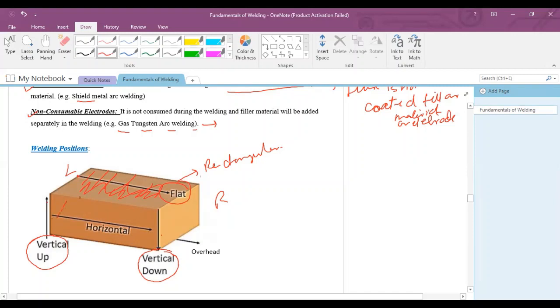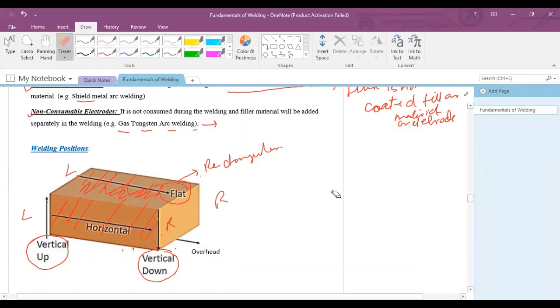And over this surface, if you want to make a joint, or weld this surface from left to right, this is called the horizontal position. And under this part, below the flat surface, there's one more surface called overhead.